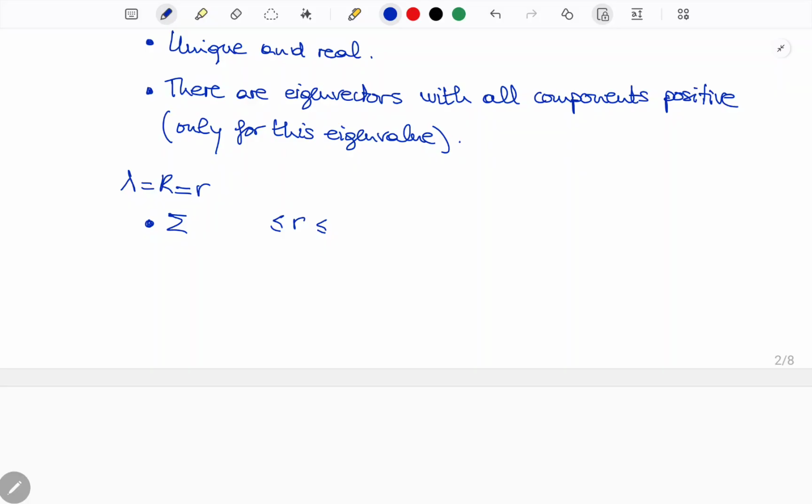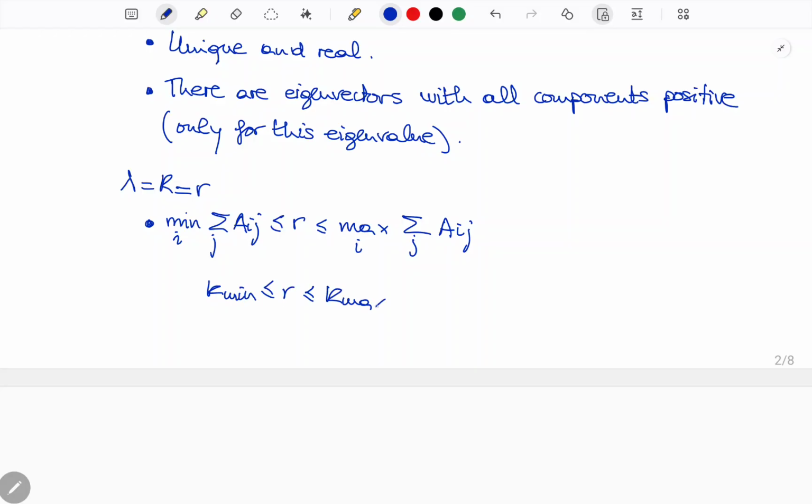So it is between the minimum over i of the sum over j of Aij and the maximum over i of the sum over j of Aij. This means that it's going to be between k-min and k-max.